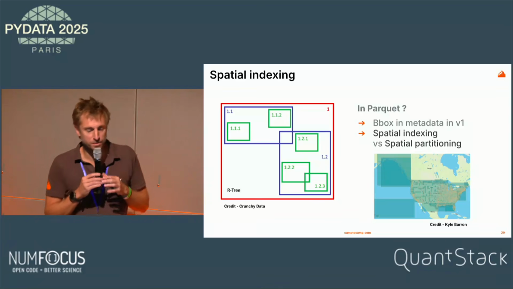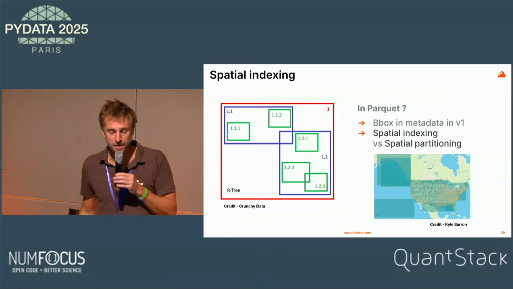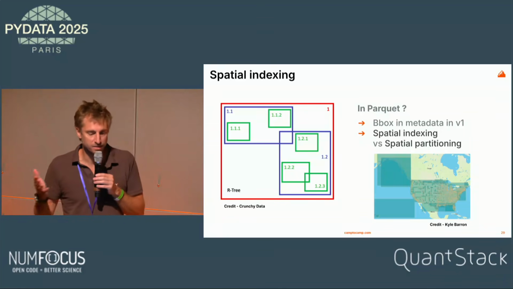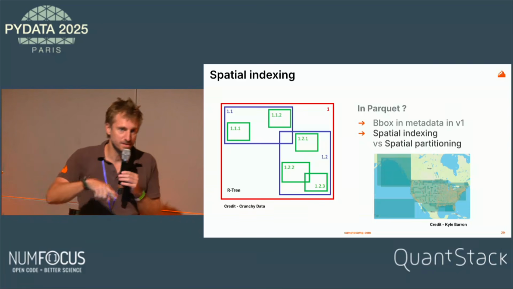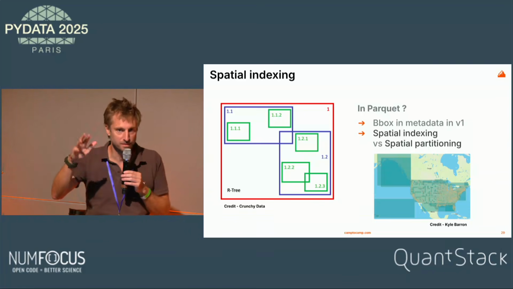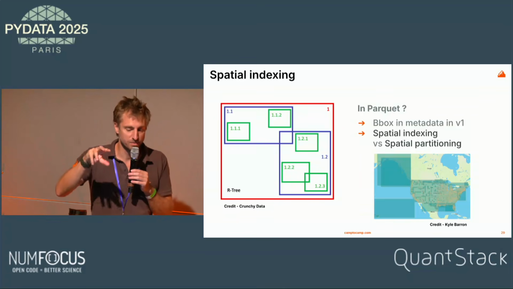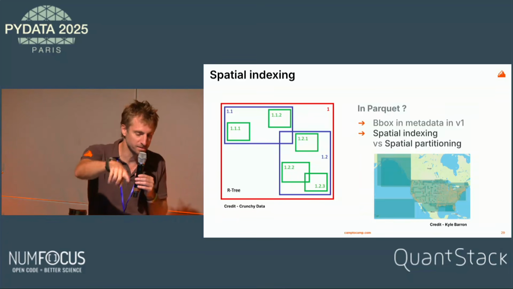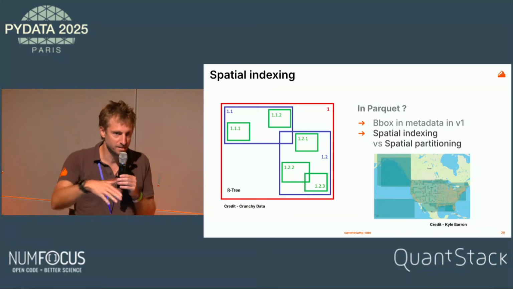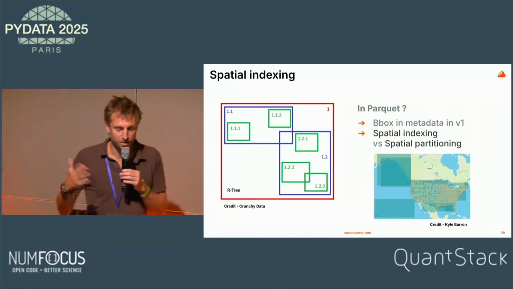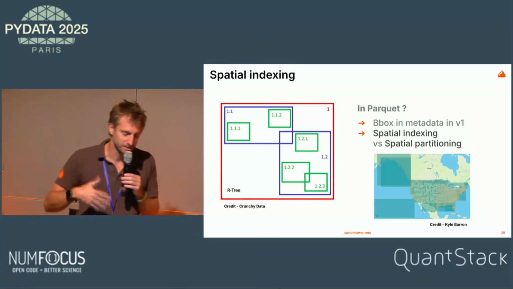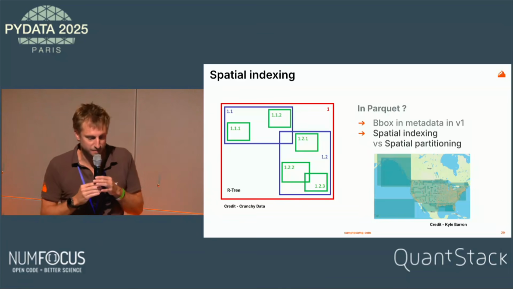Now I talk about spatial indexing. It's really important. On the left is a classical R-tree index. It means there are squares, extents, and you know if a geometry or a point is inside a square, and then you go down into smaller squares, and it helps the system know if geometries are contained, close, or intersect.